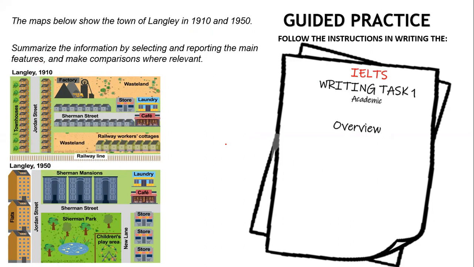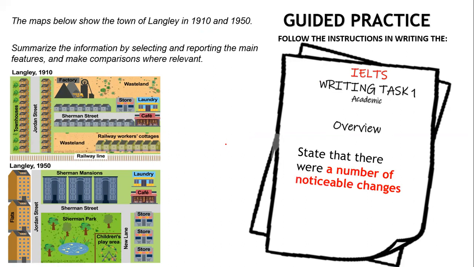So for the overview, you have to state that there were a number of noticeable changes. You don't need to mention how many changes. You don't need to count them.